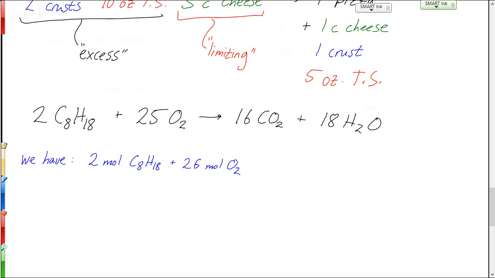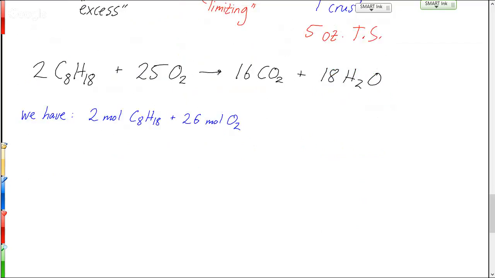Yeah, the 2 moles of octane is limiting. Why? How do you know? Okay. It also depends on how much the other one there is too, right? You're right. So the equation tells us that these 2 reactants always have to react in a 2 to 25 ratio.